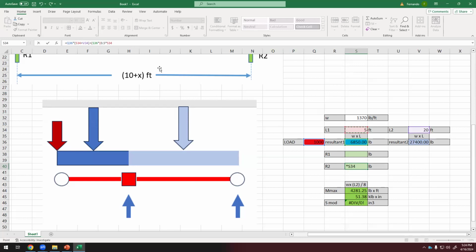I need to add a parenthesis here, because this 0.5 times L1 is a parenthesis, and here resultant one times this. So I need to add another tiny parenthesis here. Now I close 0.5 times the L1, and I have to add plus L2.